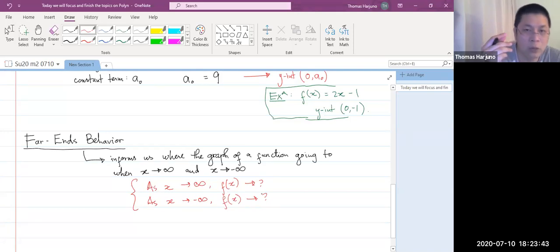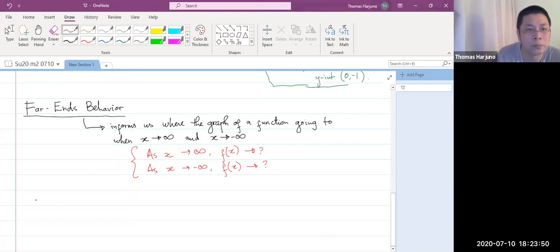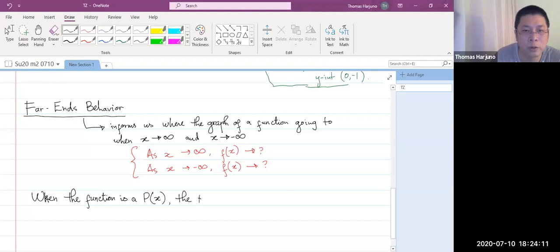Now it turns out that when the function is a polynomial, the far end behavior is determined by its leading term.